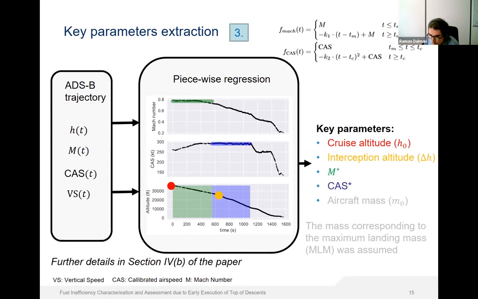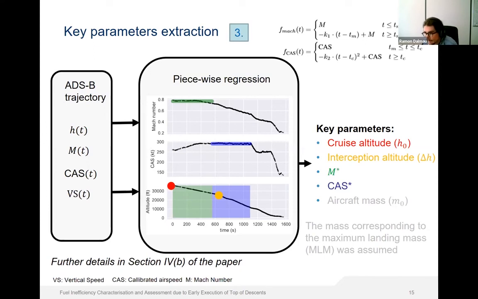The cruise altitude in red can be easily obtained from the altitude profile because it's the point where the descent starts. The interception altitude in orange is the point where the segment executed at 1,000 feet per minute ends. So it can also be observed very easily from the altitude or vertical speed profile.